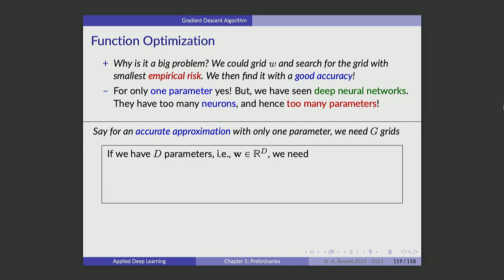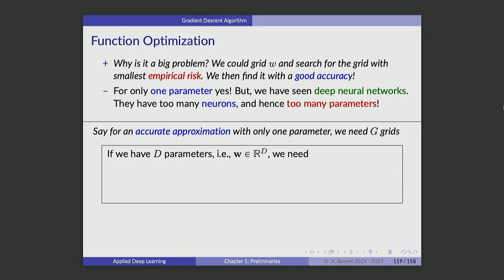How many points do I need? I told you 10 here, right? So I have 10 points here, I need to have 10 points here as well, right? And then 10 grids here, 10 grids here. And I should consider every single point that is on the cross-section of these points, right? So I have 10 here, 10 here. The number of points in the plane is now 100, right?